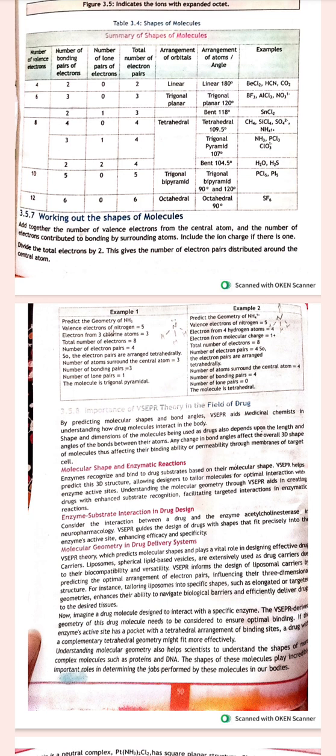When we have the number of electrons 6, bonding 3, lone 0, and electron pairs will be 3, the geometry will be trigonal planar. There will be the angle that is 120, and the examples are BF3, AlCl3 and NO3.